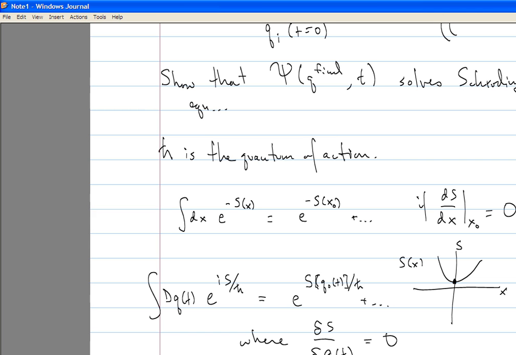That is just the statement that in the h bar going to 0 limit, the phase of the wave function is dominated by the path such that ds by dq is equal to 0. What is ds by dq? That's the Euler-Lagrange equation. That's the classical equation of motion. Question? Yeah, prove the principle from that. I'll leave that as an exercise.